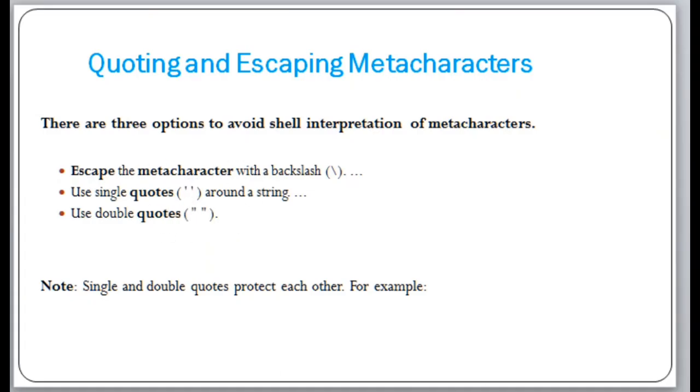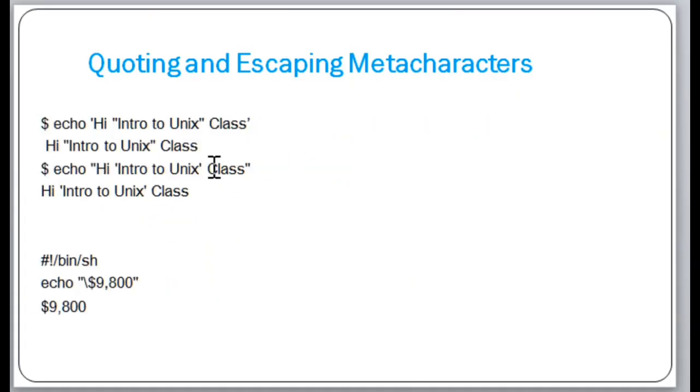So for example, if we have echo hi intro to Unix class, with single quotes outside of all of it and double quotes on intro to Unix, echo would actually spit out hi intro to Unix class with the double quotes around intro to Unix, okay? Similarly, if I do double quotation mark, hi, single quotes, intro to Unix class, and end it with a double quote, it will spit out hi intro to Unix class with the single quotes, okay?